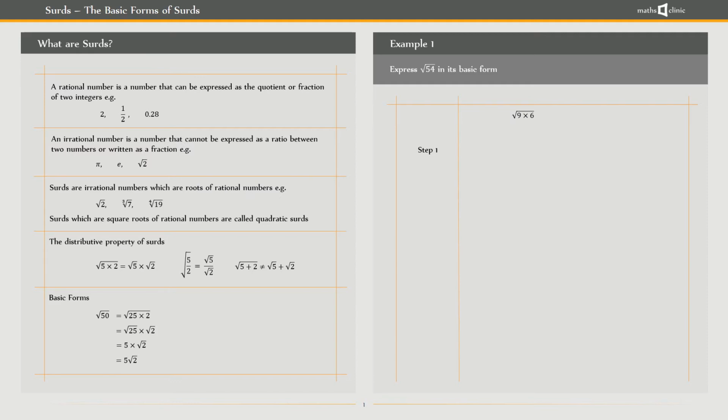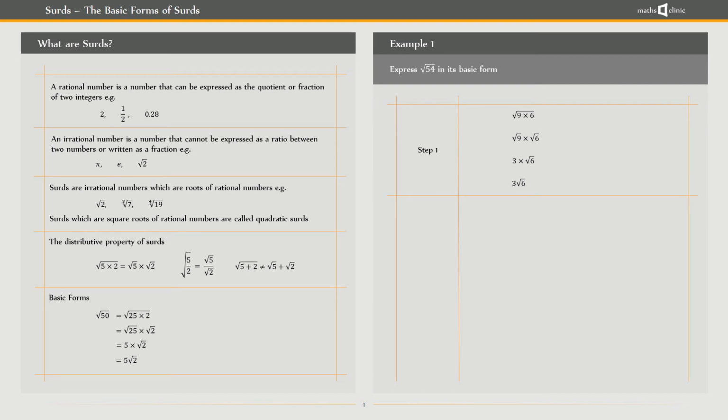So I have root 9 times 6. And basically this becomes root 9 times root 6. And when we break root 9 down, the square root of 9 is 3. We have 3 times root 6 and it gives you an answer 3 root 6. Simple. That is it. That is how you express a surd in its basic form.